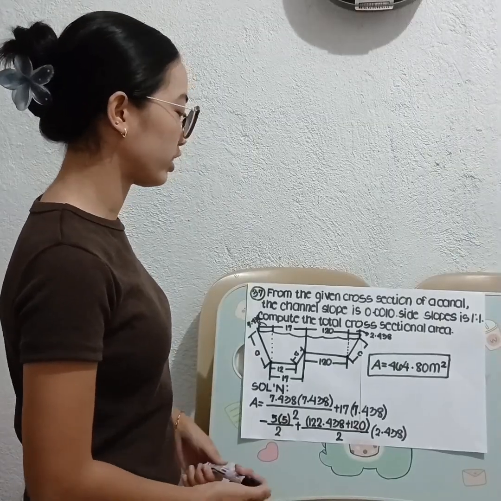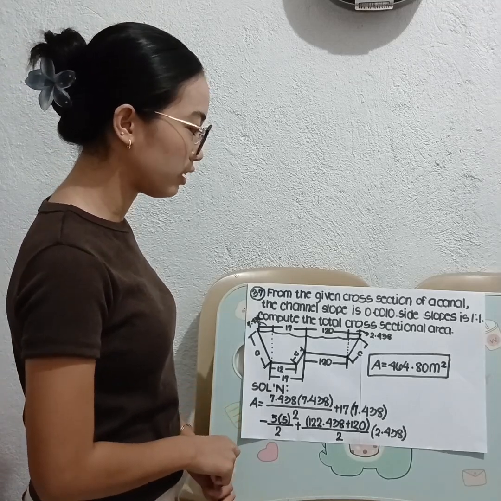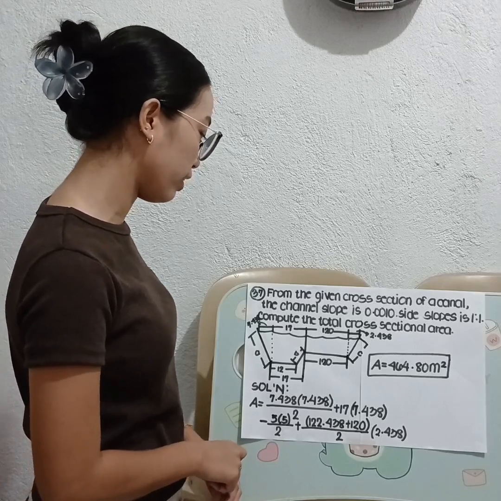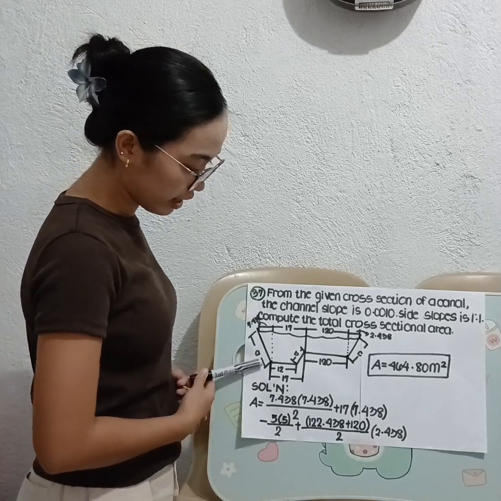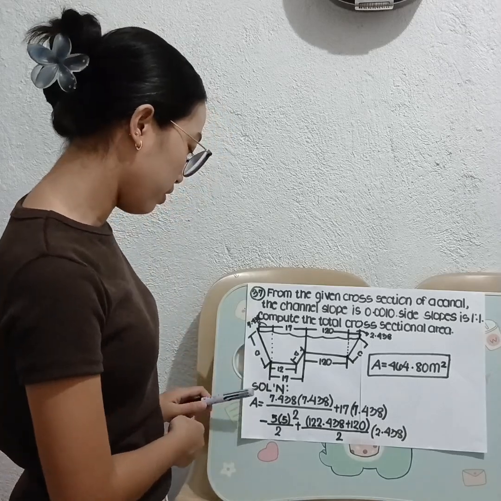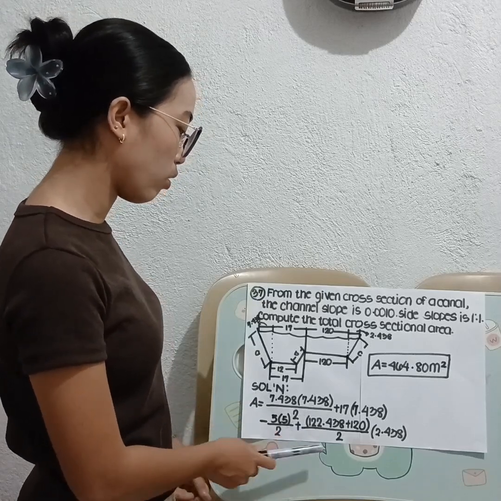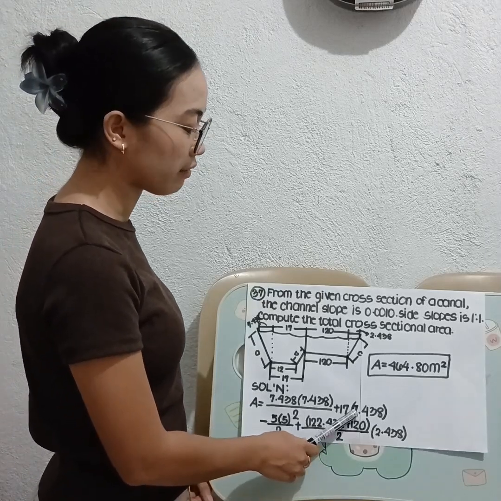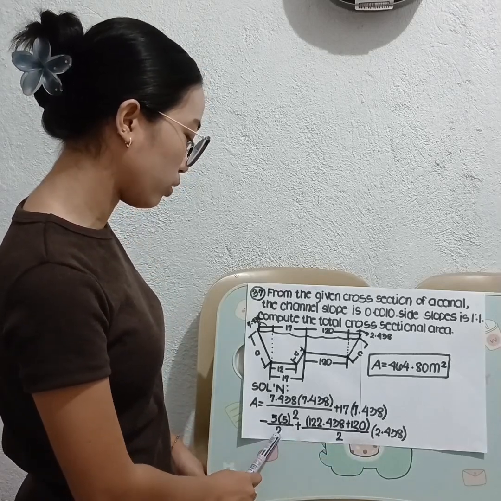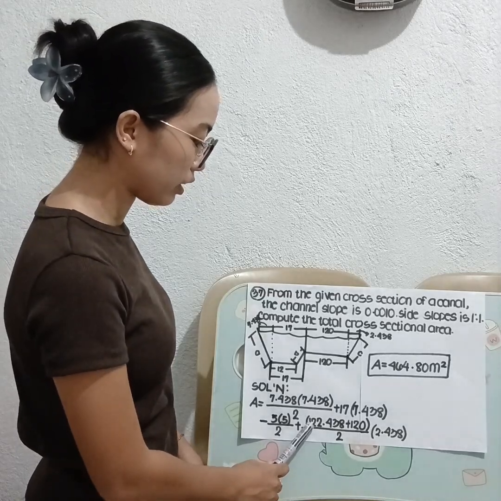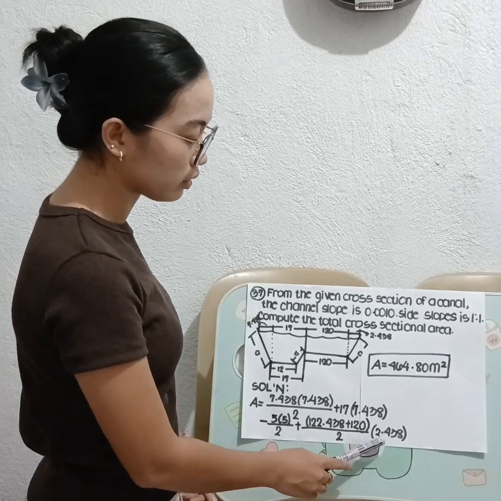From the given cross-section of a canal, the channel slope is 0.0010 and the side slope is 1:1. Compute the total cross-sectional area. So we have the diagram here, and the area is equal to 7.438 times 7.438 over 2 plus 17 times 7.438 minus 5 times 5 over 2 plus 1, 122.438 plus 120 over 2 times 2.438.